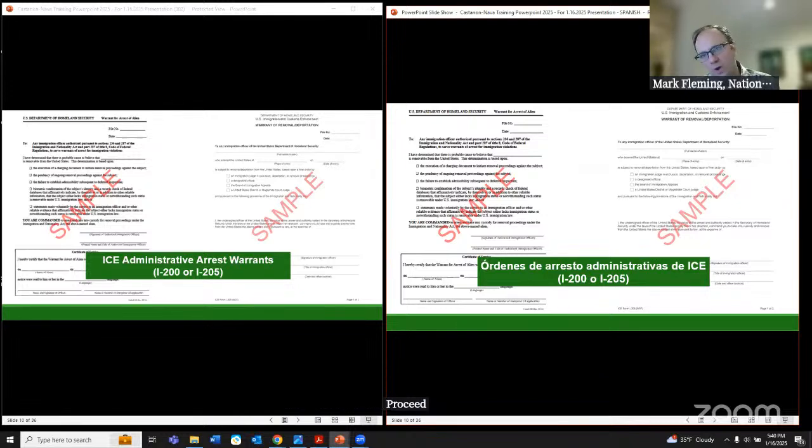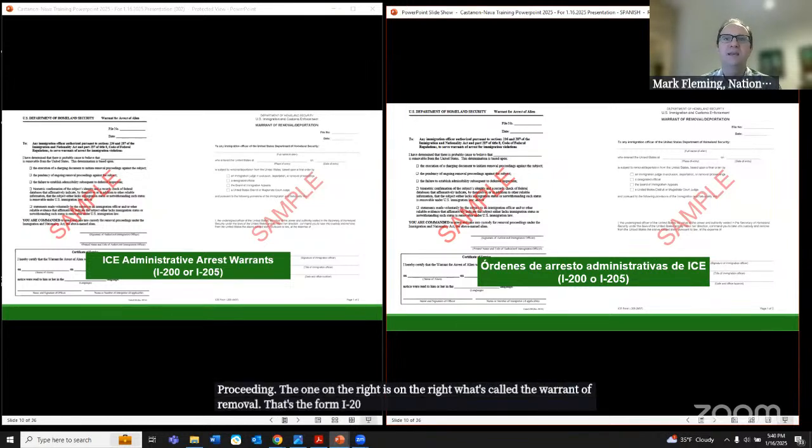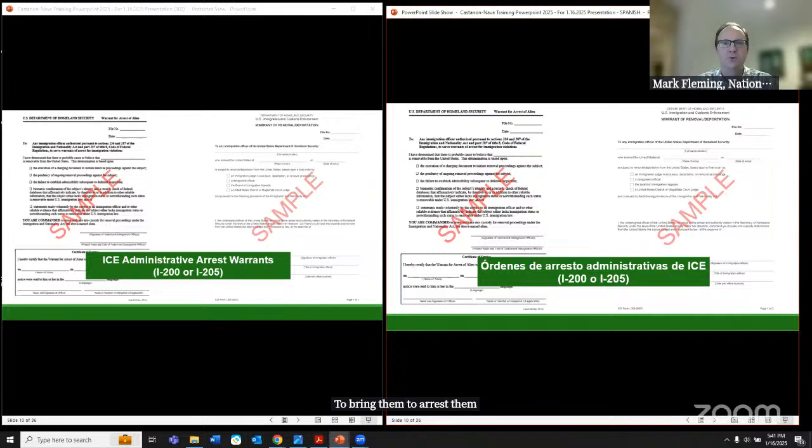The one on the right is what's called the warrant of removal. That's the form I-205. So when, say, an immigration judge orders removal, ICE, or DHS, then issues this administrative warrant as the basis to bring them, especially if they're not in custody, to arrest them and bring them into custody to remove them.